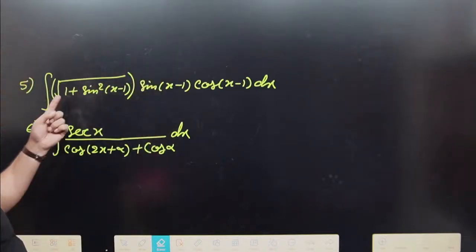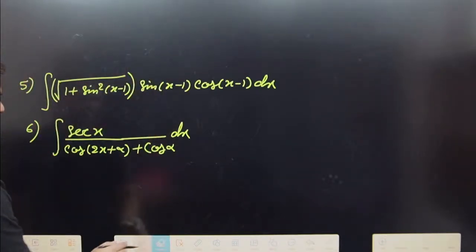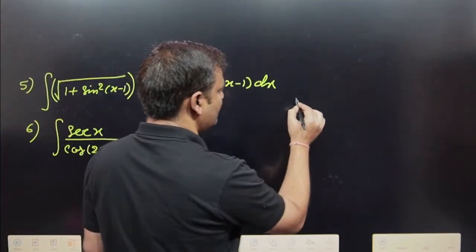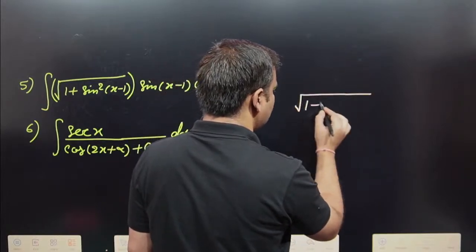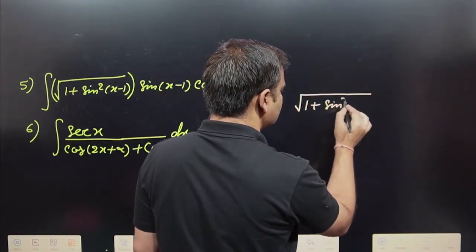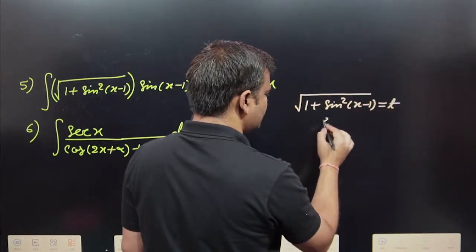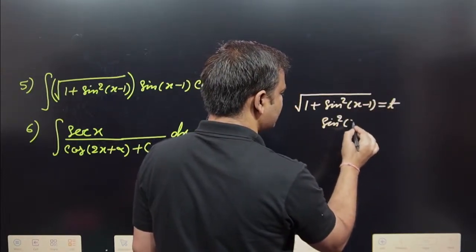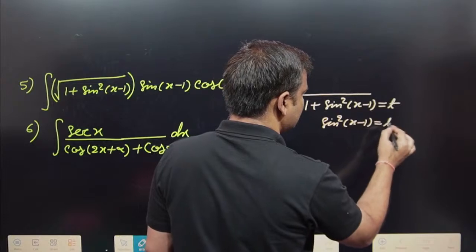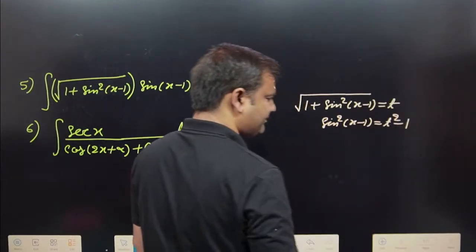Look here, if under root 1 plus sine square x minus 1 is taken as t, then sine square x minus 1 is written as t square minus 1.